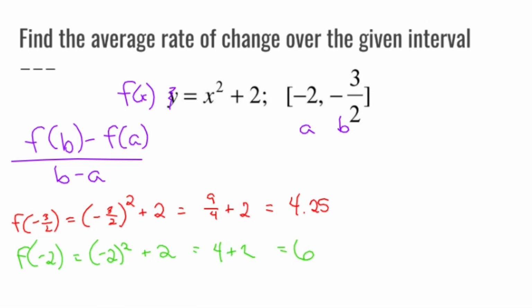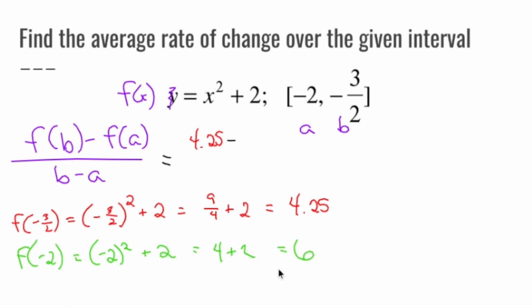So now that I know that information, f of b is f of negative 3 over 2. And f of negative 3 over 2 is 4.5. So f of b is 4.5. 4.25, apologies. Minus f of a is negative 2.